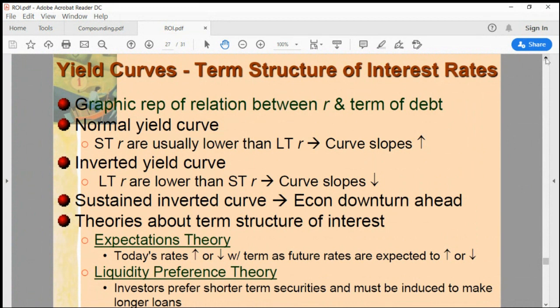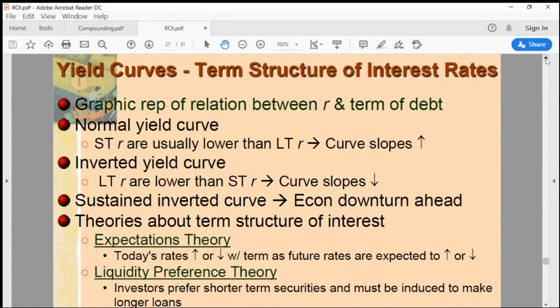Now, remember, maturity risk is due to the different maturities of the bond. The longer term bonds have more uncertainty, and because of more uncertainty, the risk premium will have to be higher. In other words, all the annualized returns between short-term bond and long-term bond.